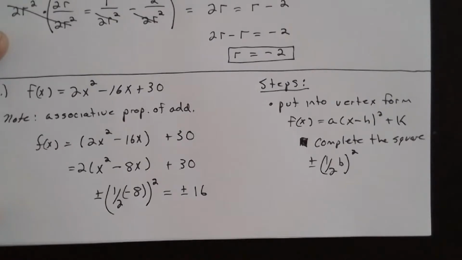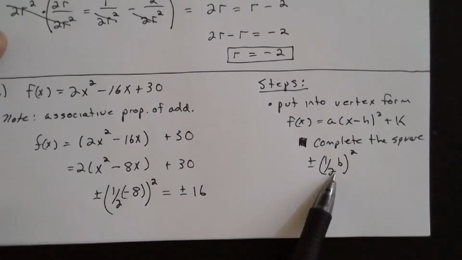It has to be 1/2 the coefficient of b squared. That's the formula for complete the square. It's got to be this.